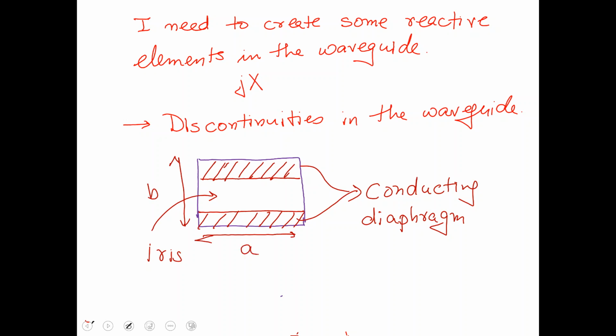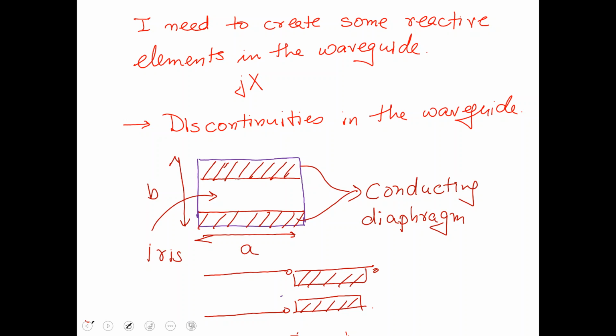What now happens is that when I go from an open waveguide into a waveguide which has this diaphragm in it, you create a discontinuity, and with that discontinuity you start to create reflection terms within the waveguide.